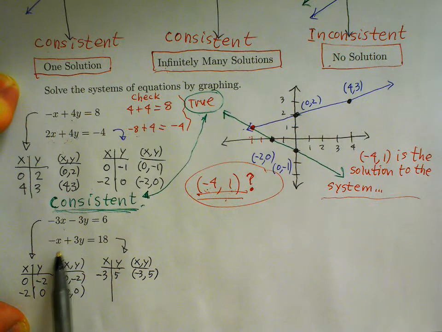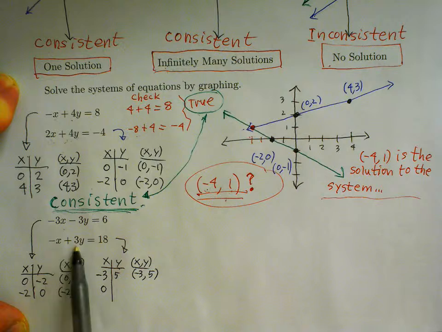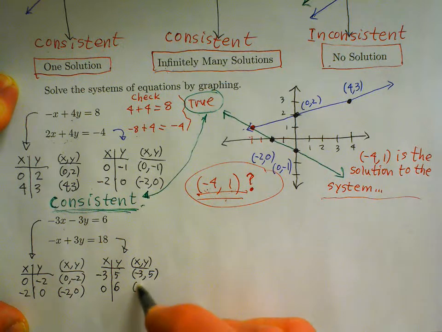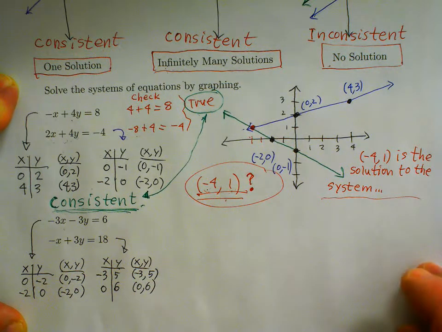And I suppose let's just go ahead and let x be 0. And when x is 0, 3y equals 18, so y equals 6. So the ordered pair 0, 6 is a point on the graph.